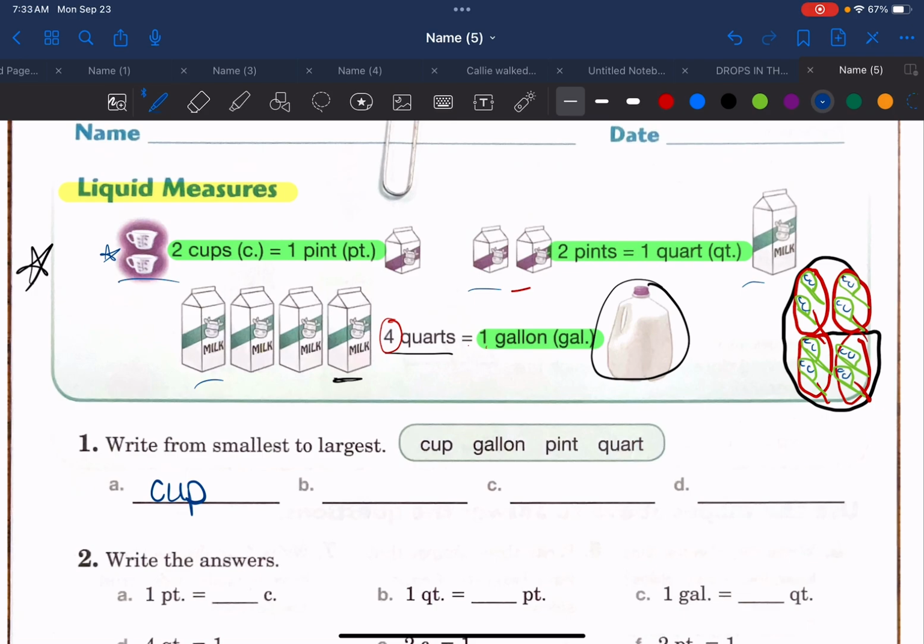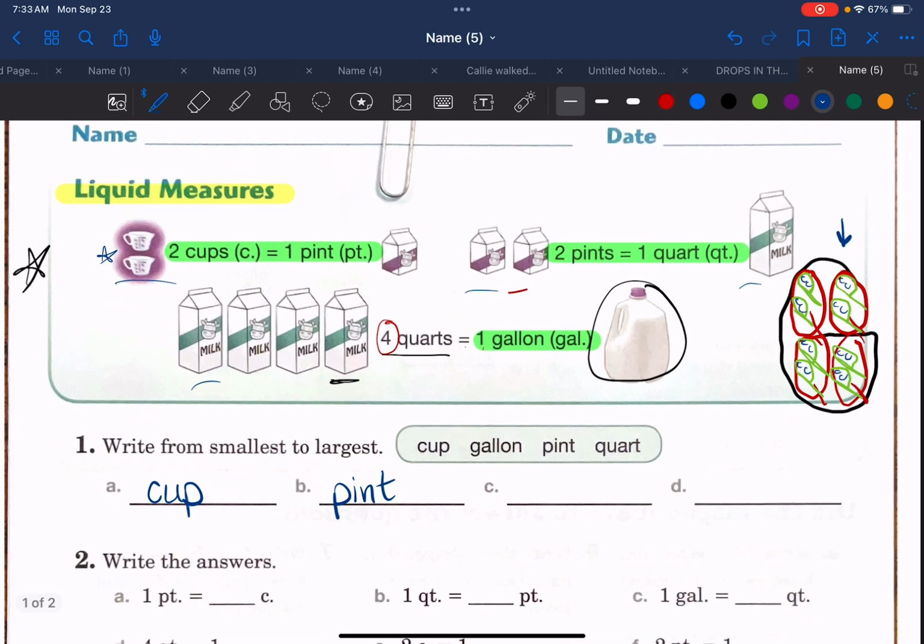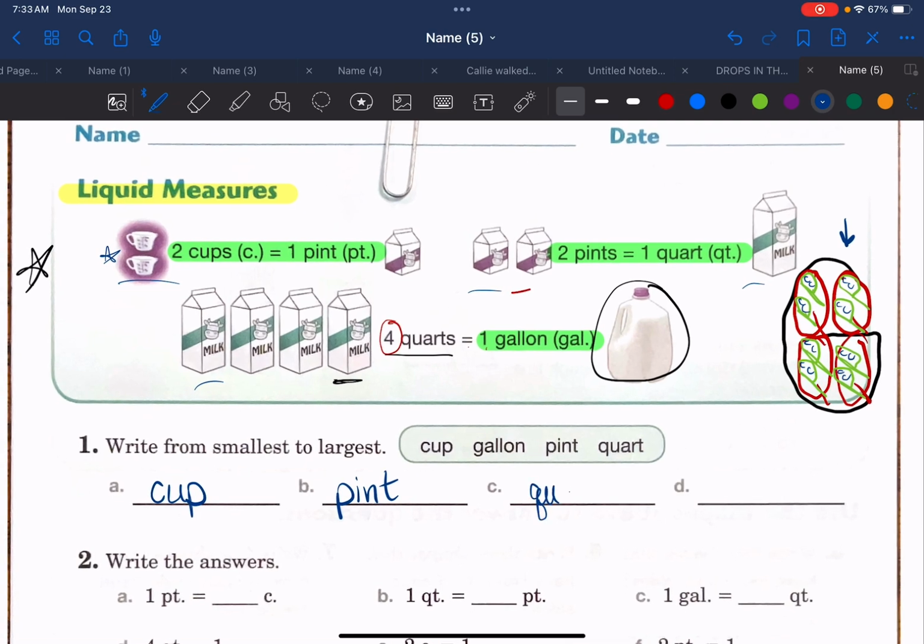Then, and if you look over here, it was the last one we wrote. They're the tiniest ones. Then what's the next smallest letter? Pint. After we have 2 pints, that makes a quart. And finally, we get a gallon.